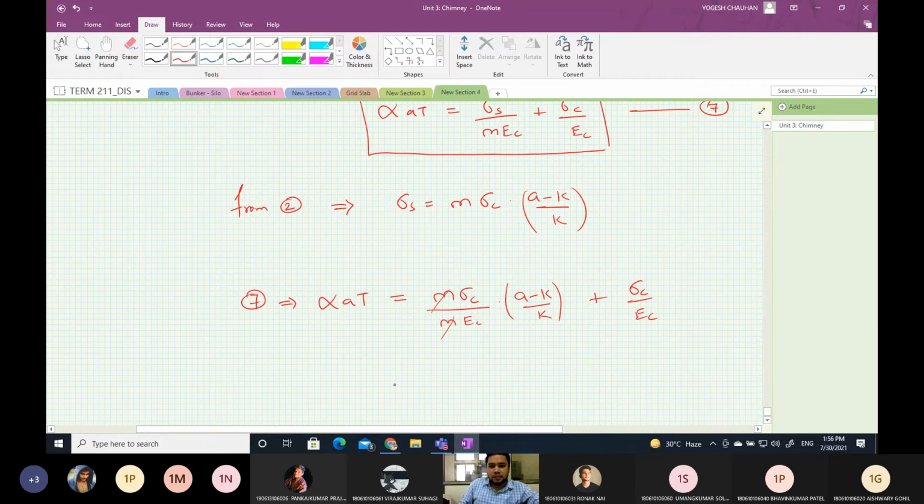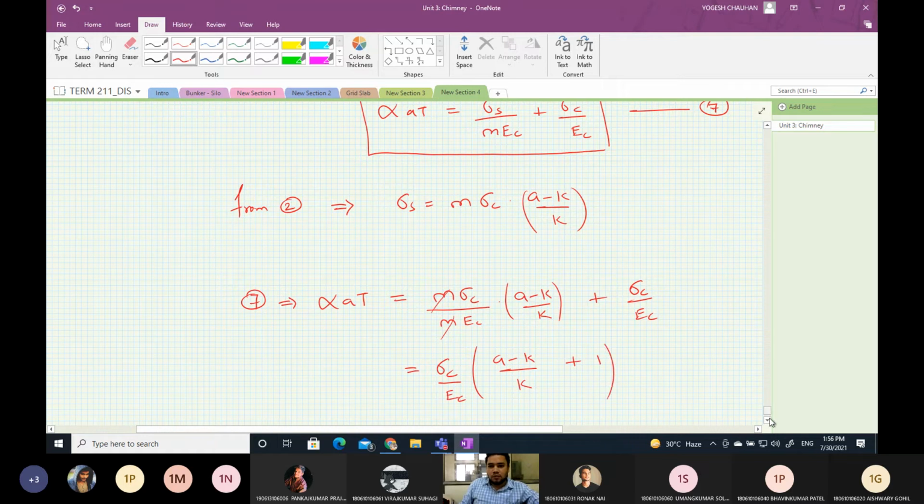Now this m gets cancelled. Now you have both the terms in terms of sigma c. So taking sigma c by Ec as common, you will have (a minus k) by k plus 1.